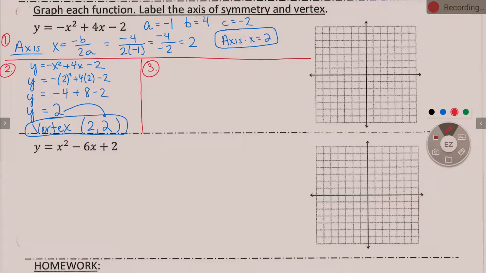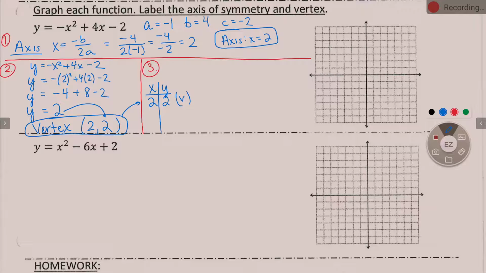If we think about an XY chart, we already have 2, 2 as our vertex, right? I put a V out there to realize it's our vertex. We need at least one more point. What is the easiest point to pick if you can? 0.